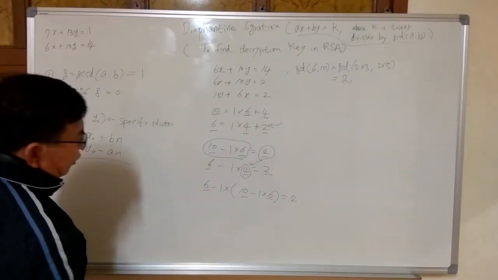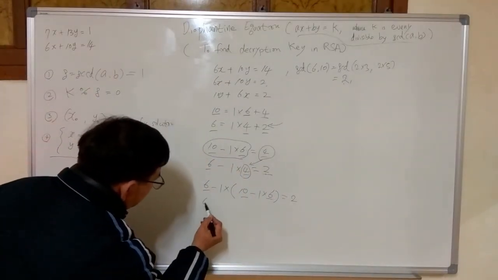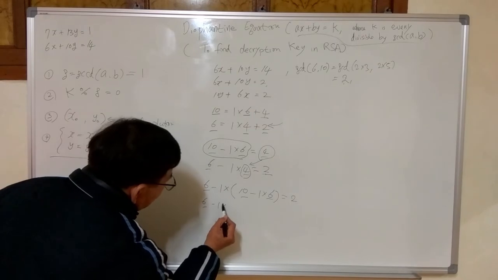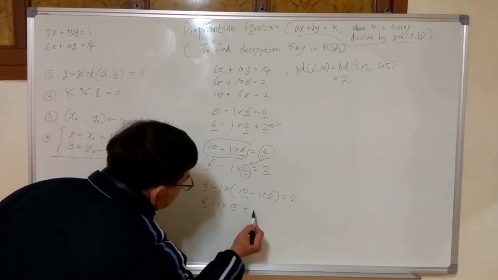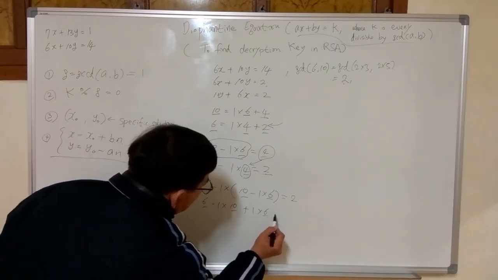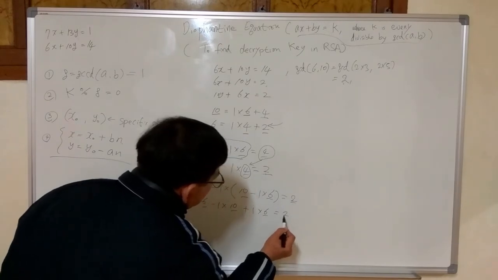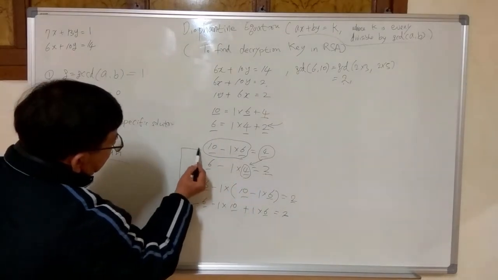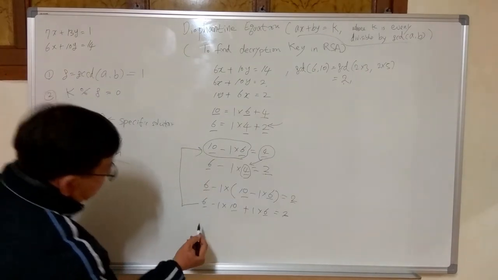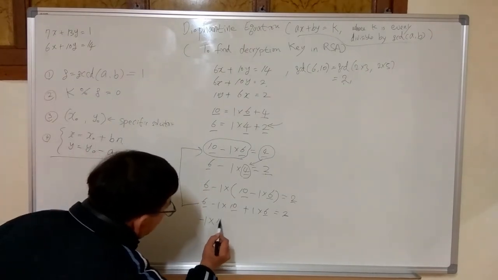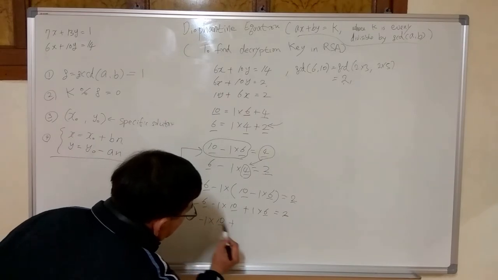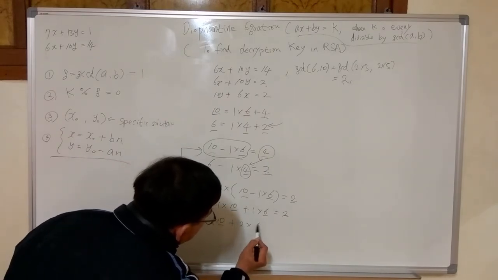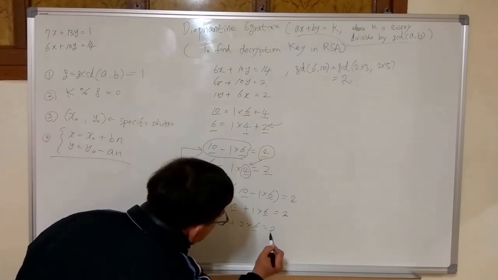Now we rearrange this: 6 bar 1 times 10 bar plus 1 times 6 bar equals 2. If we compare this equation with this equation, 10 bar should come first: minus 1 times 10 bar plus 2 times 6 bar equals 2 bar.